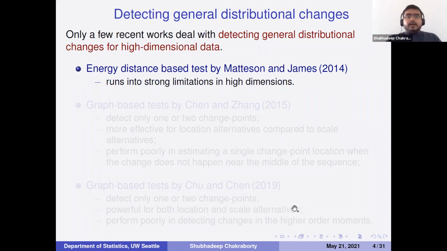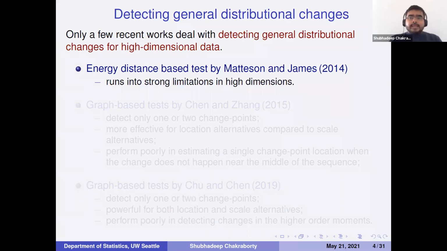There have been some graph-based tests proposed by Chen and Zhang in a 2015 Annals paper, but it has several limitations. First of all, it can detect only 1 or 2 change points. It is more effective for location alternatives compared to scale alternatives.